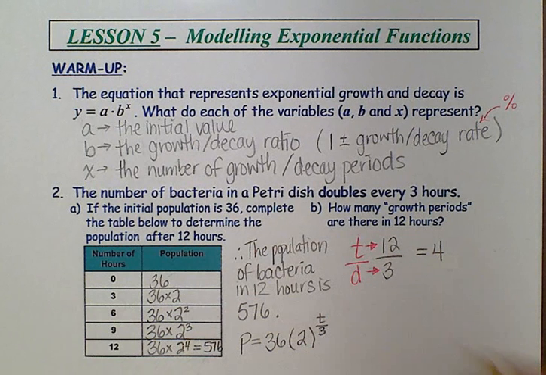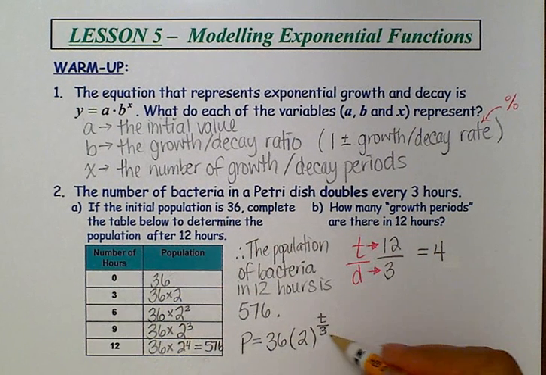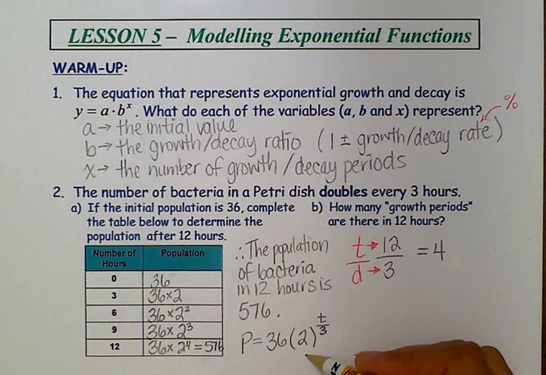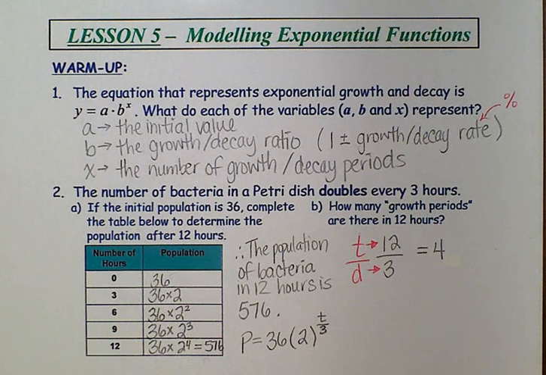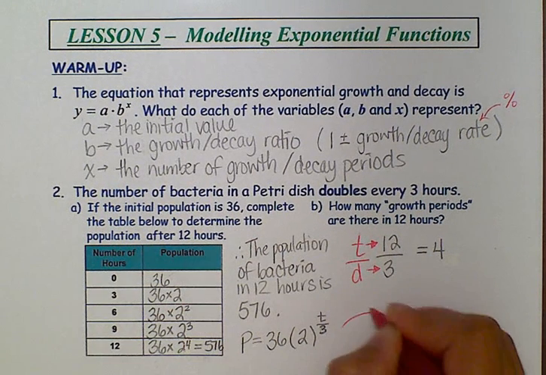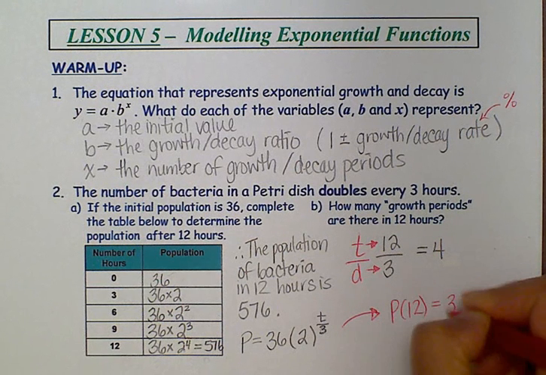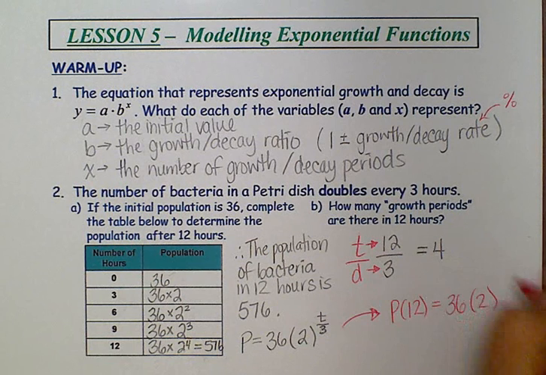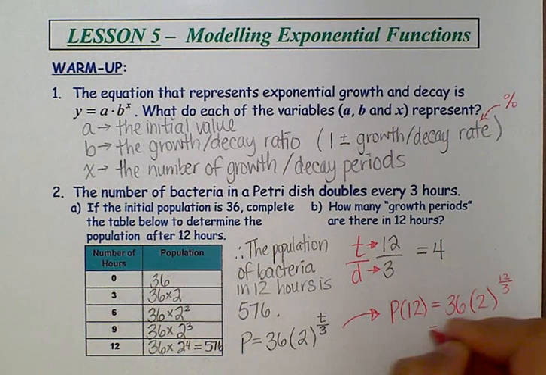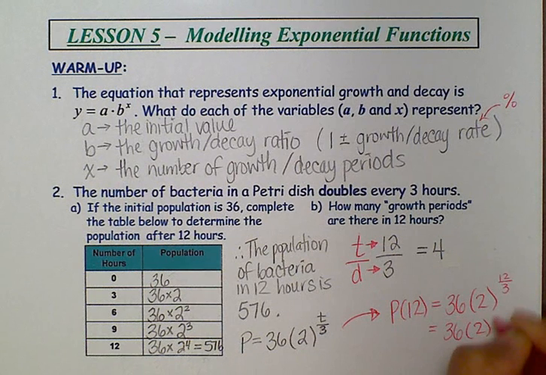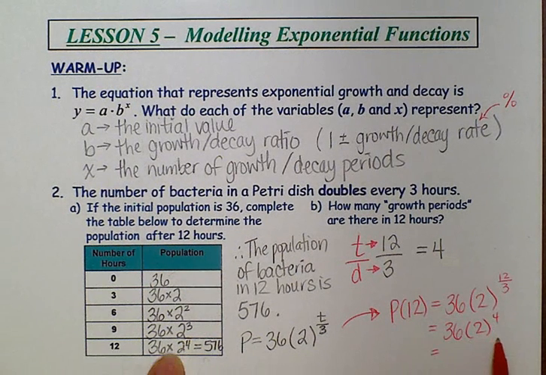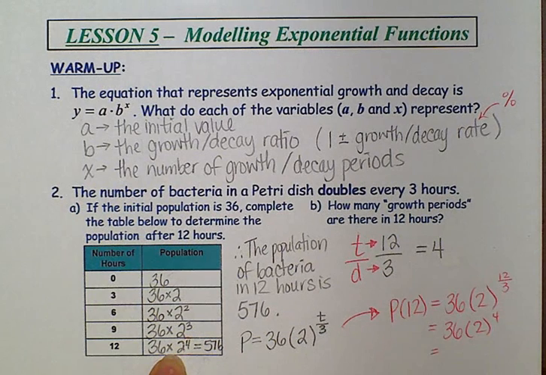That makes sense because this exponent represents that every 3 hours, the population is going to double. Now, if I plug in a time value of 12 like I had here, the population after 12 hours would be equal to 36 times 2 to the exponent 12 over 3. And I know that 12 over 3 reduces to 4.